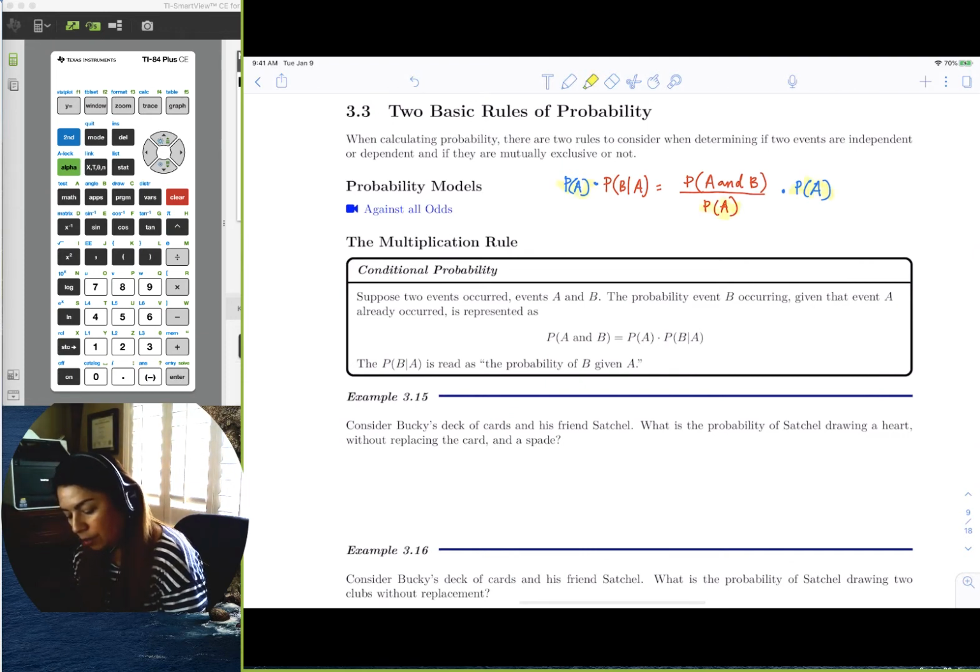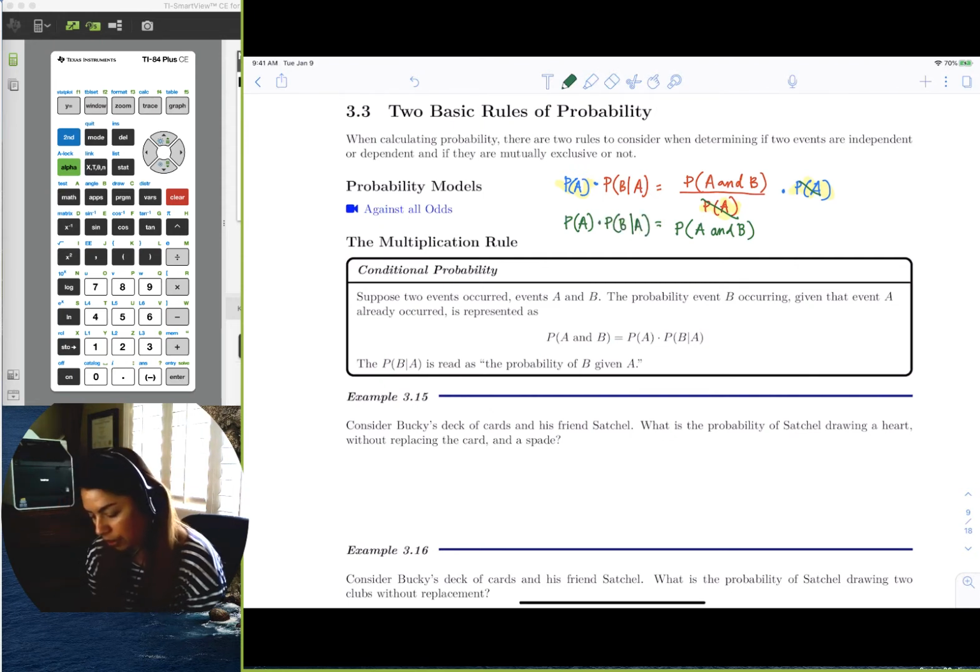and clear denominators. When we clear denominators, we end up getting this other formula that's super cool for the probability of A and B, and that's just equal to the probability of the first event occurring times the probability of the second event occurring given that the first event had already occurred.